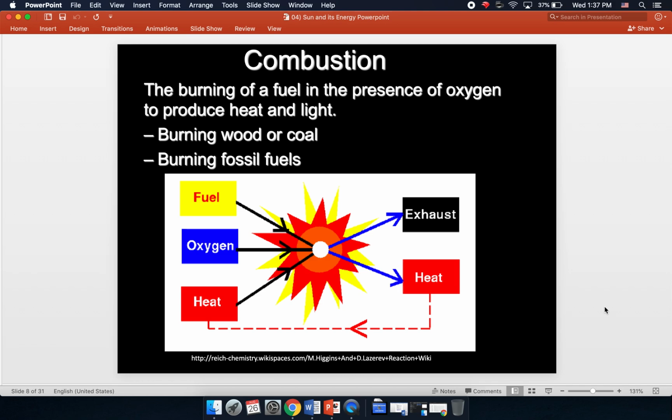Any fossil fuels, coal, natural gas, and any other fuel derived from petroleum like diesel fuel or gasoline, you burn them in the process of combustion. The engines in our cars, you often hear those referred to as combustion engines because that's what they do. They burn a fuel such as gasoline in the presence of oxygen, and it produces heat and the energy that drives the car.